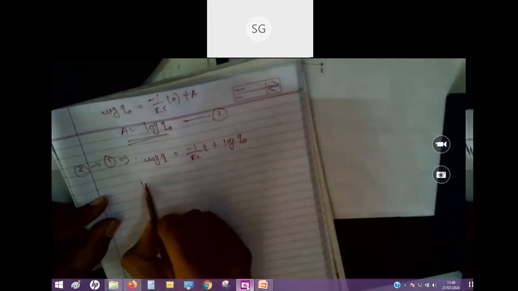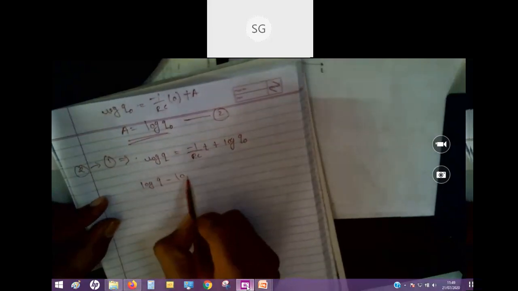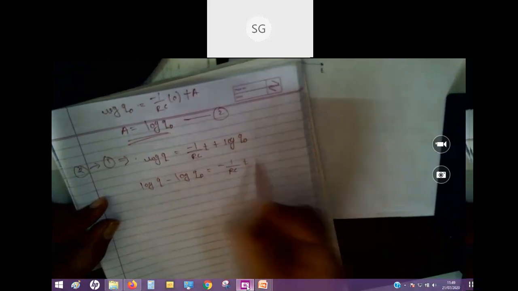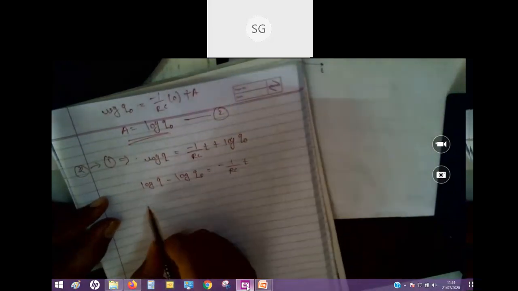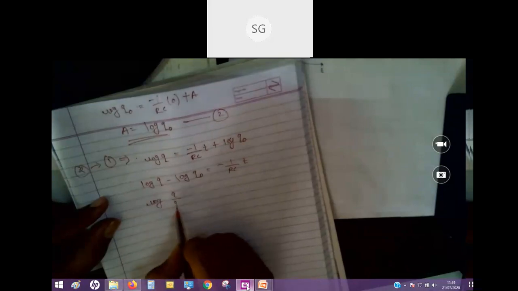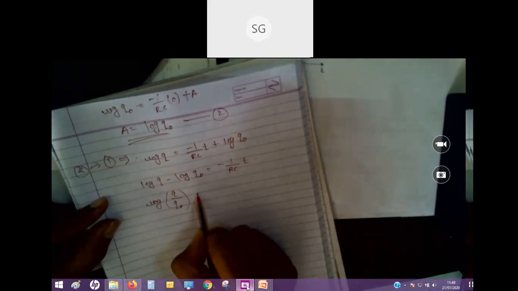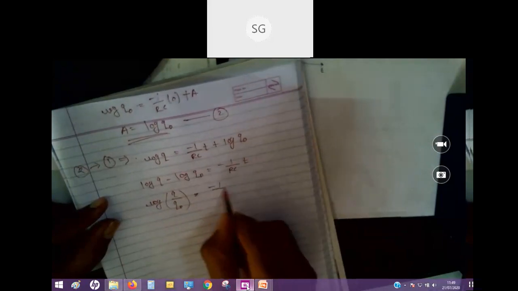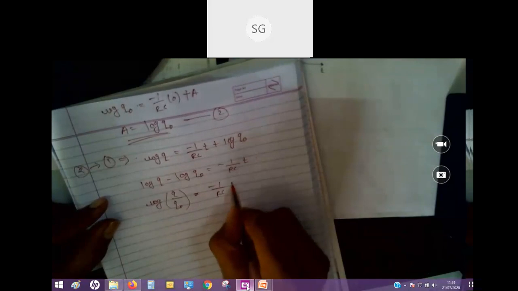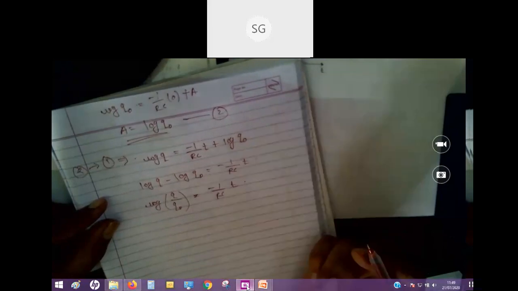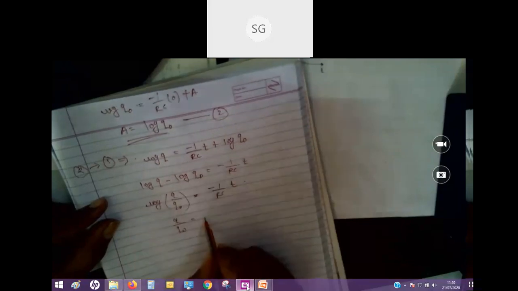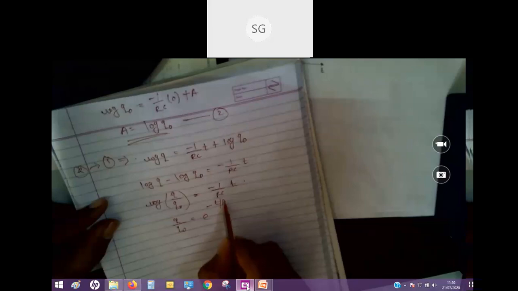By rearranging, I can write log of q minus log of q naught equal to minus 1 upon RC into t, and using the rules of logarithm, I can write log of q upon q naught equal to minus 1 upon RC into t. If we shift this log to this side, q upon q naught will be equal to e raised to minus t by RC.